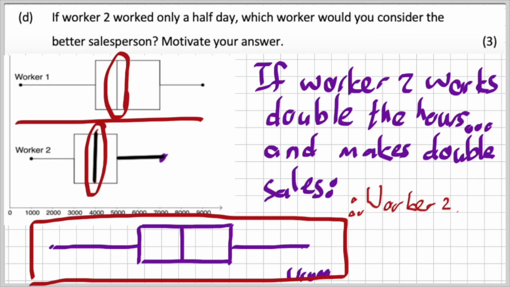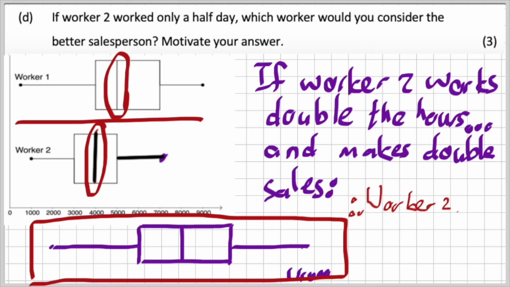Half of your months in a year, worker 2, which works only half day, has an average of 4,000, while worker 1 has a total only of 5,000 Rand. So for all the hours worked extra for worker 1, they only bring on average 1,000 Rand more in a month. So who's the better salesperson? I would say worker 2.